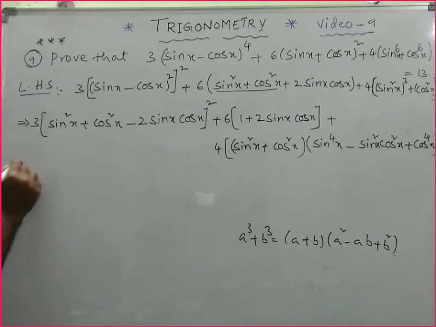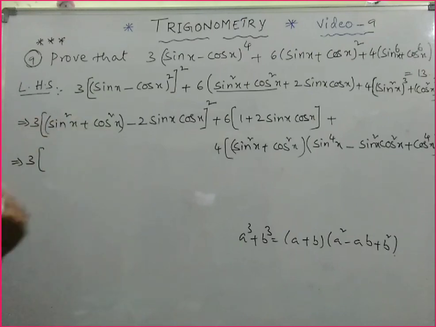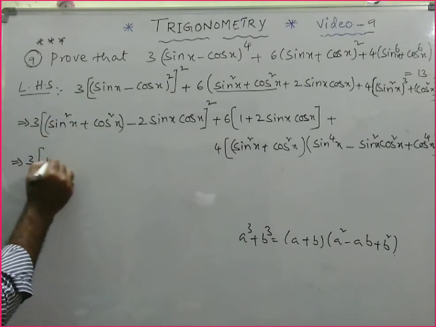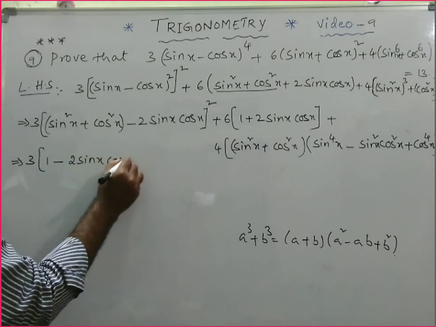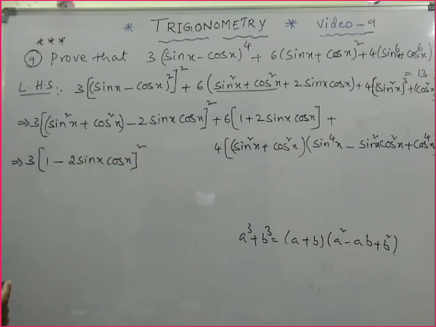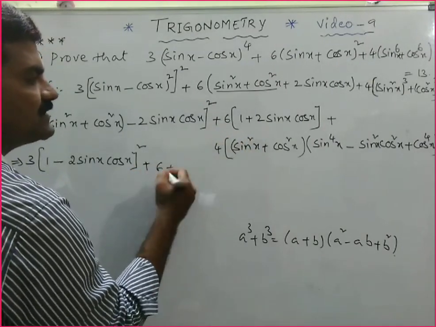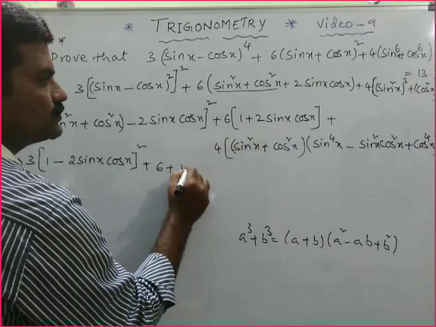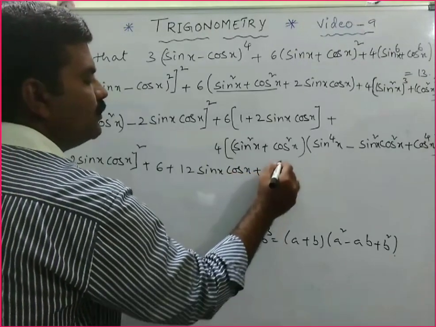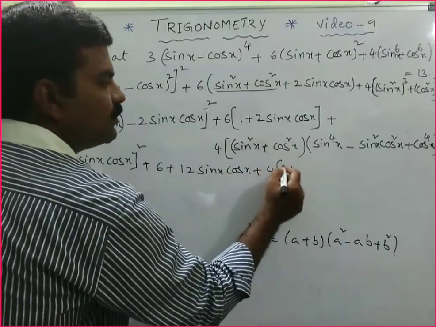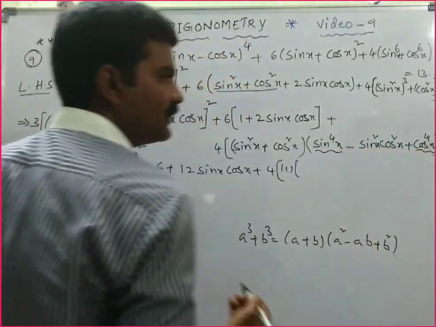Now you look at the next step, 3 into, once again this part is 1, no? Sin square x plus cos square x is equal to 1. So 1 minus, this is 2 sin x into cos x entirely whole square, plus, let us multiply this one with 6, 6 ones are 6, plus 6 into 2, 12 sin x cos x, plus 4 into, first bracket value is 1 into, so look at this part, sin power 4 and cos power 4x.